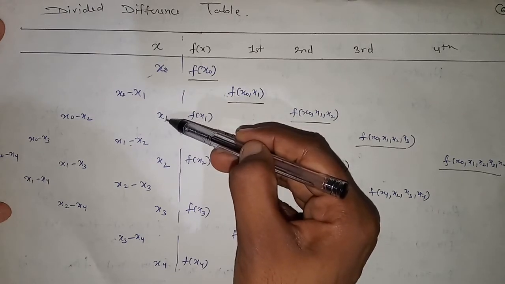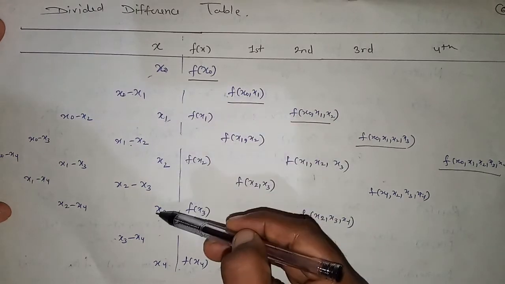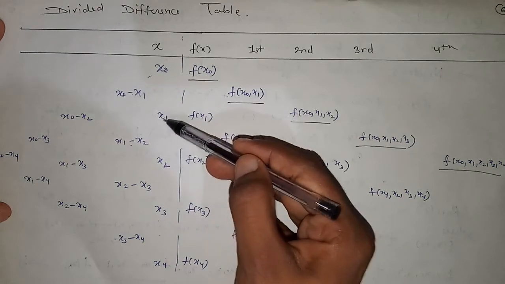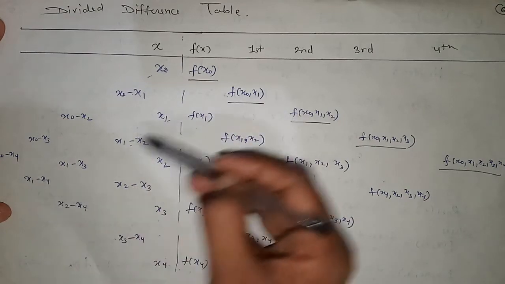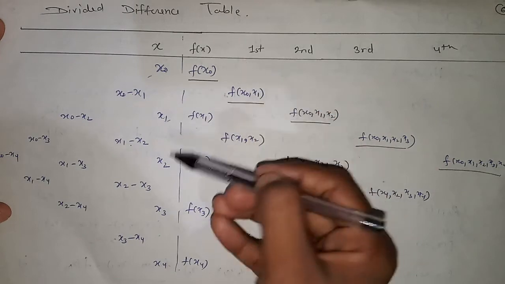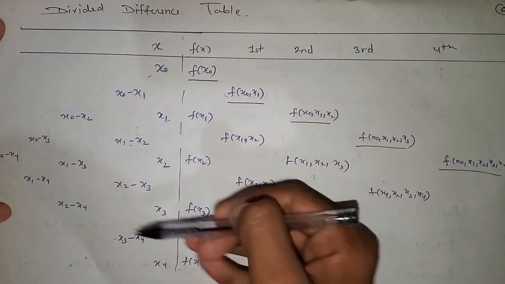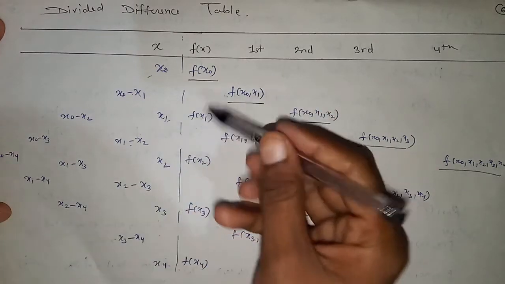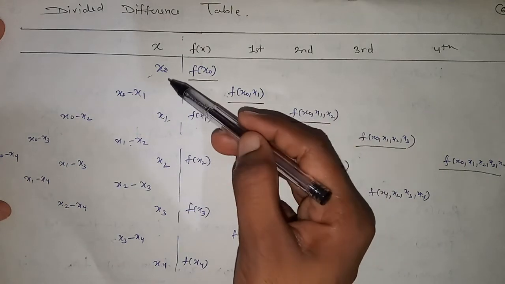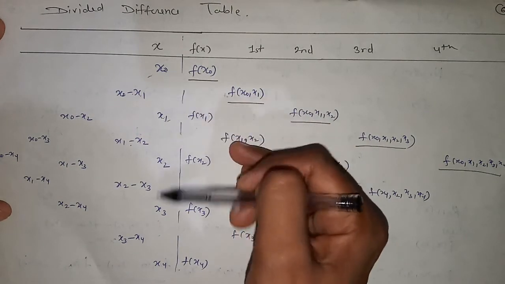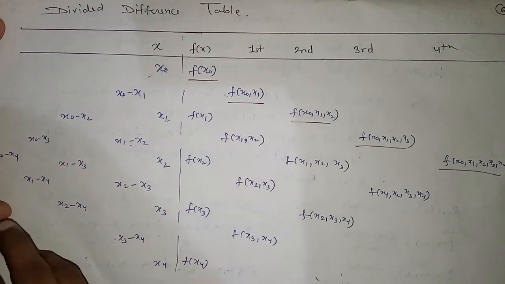Again we leave two terms, so we have x1 minus x4. For the next one we don't have a next value, so we write up to here only. Then we will leave three terms: 1, 2, 3. So x0 minus x4.